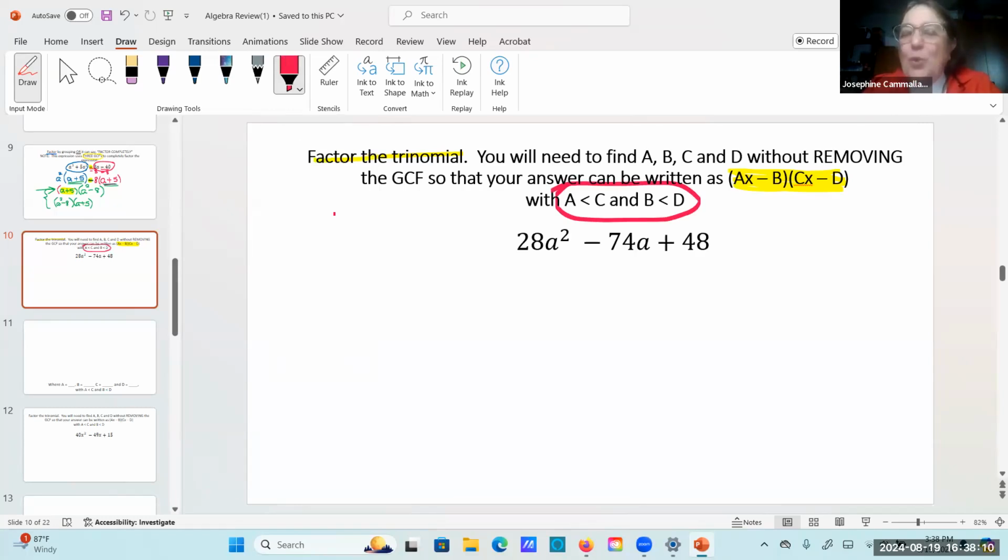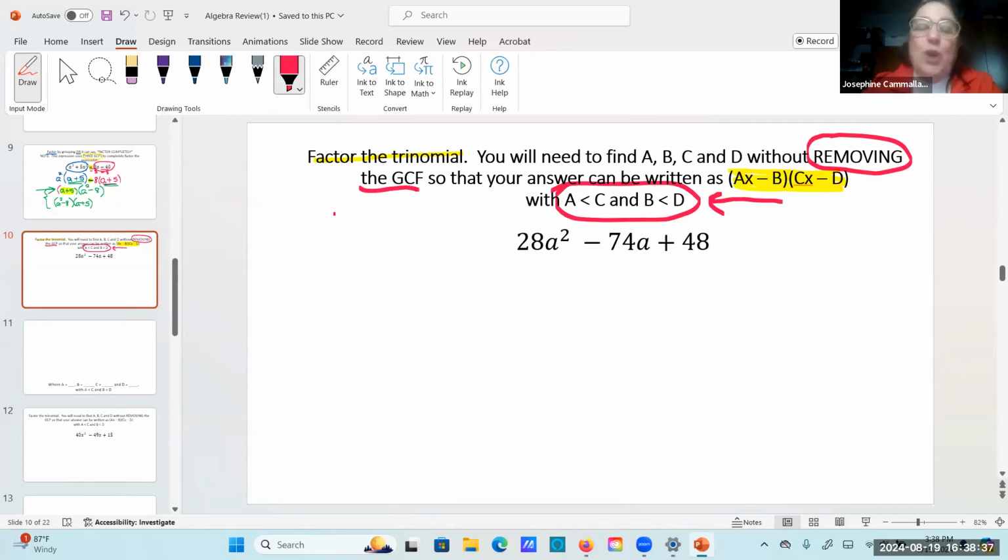It is telling you that when you write it in the form of AX minus B, CX minus D, it must fit this condition. Also notice it says without removing a GCF.